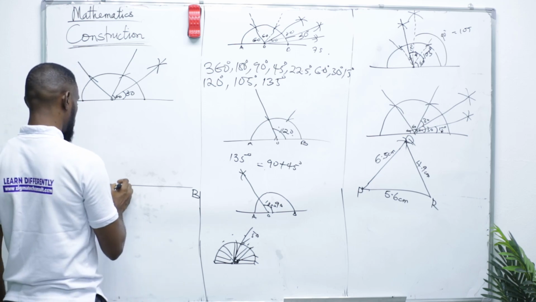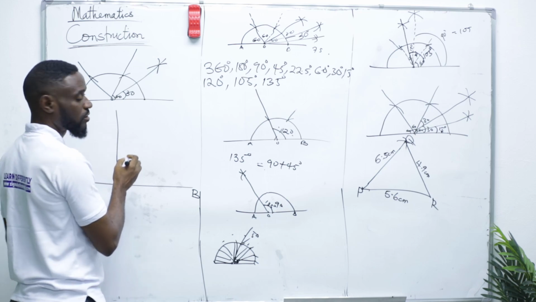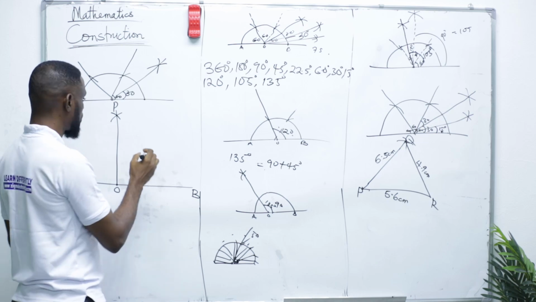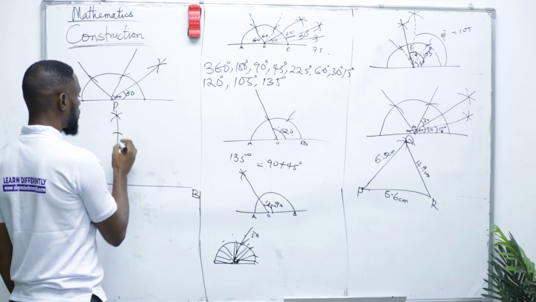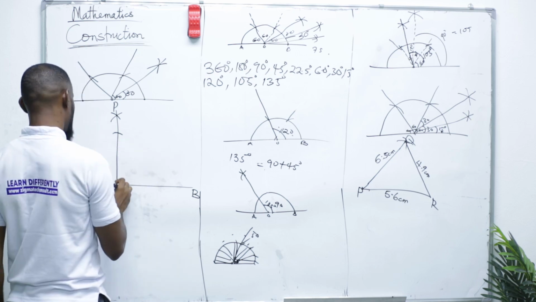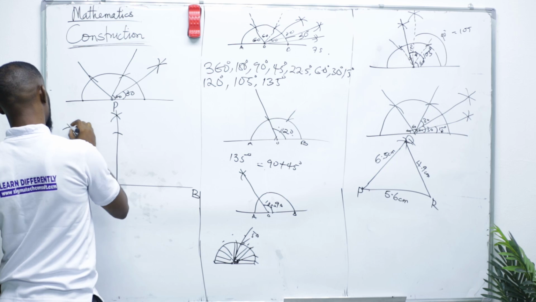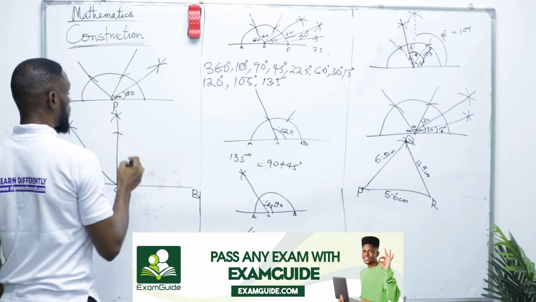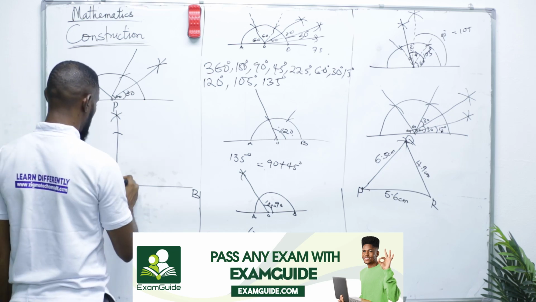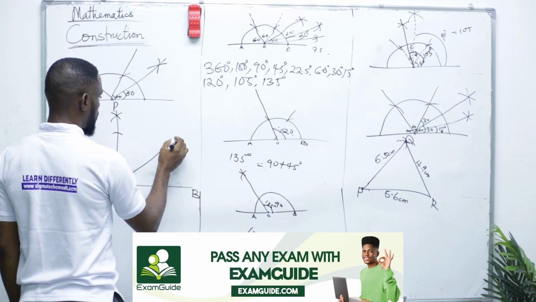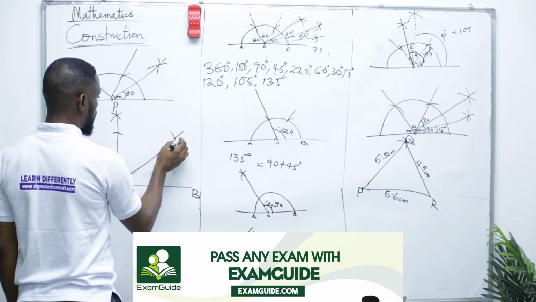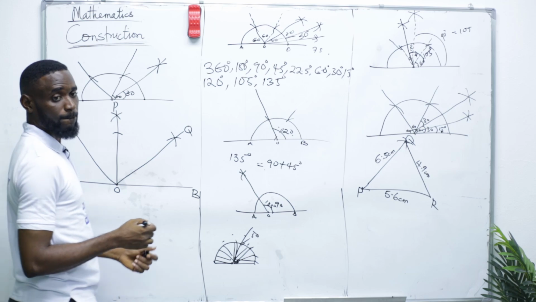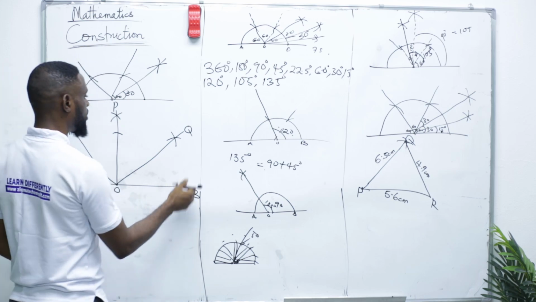We have P. We have R. We have Q. See that? Okay. So A, O, B, Q, R.